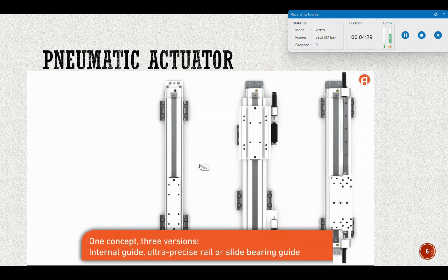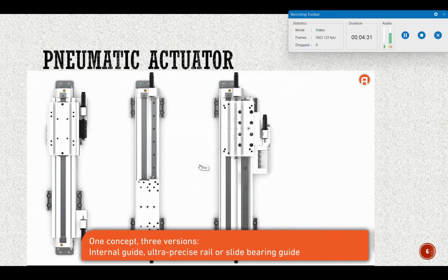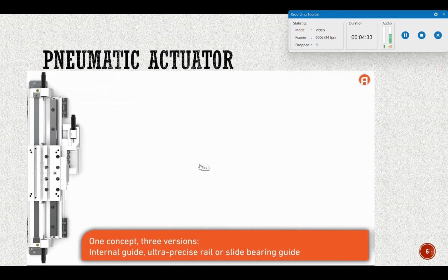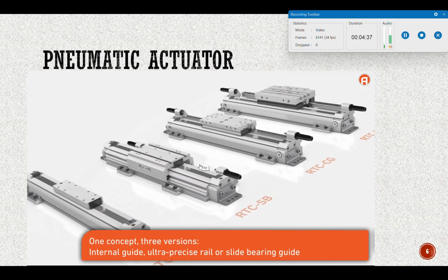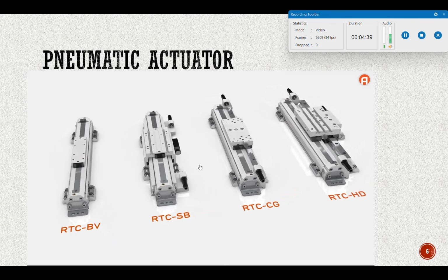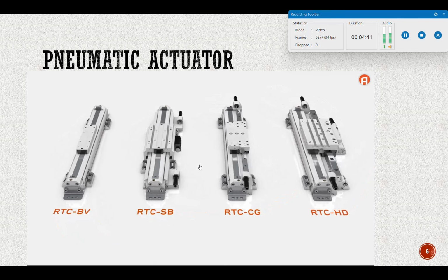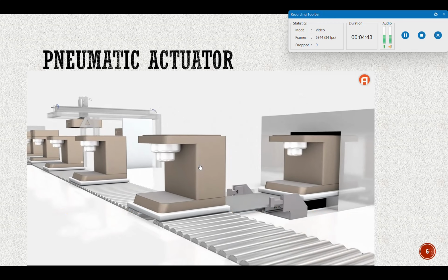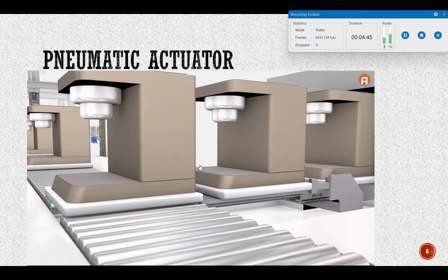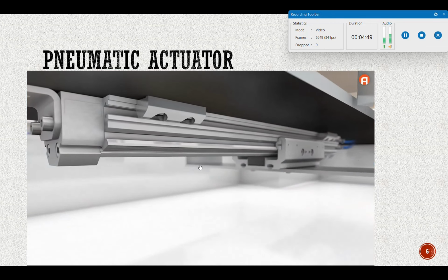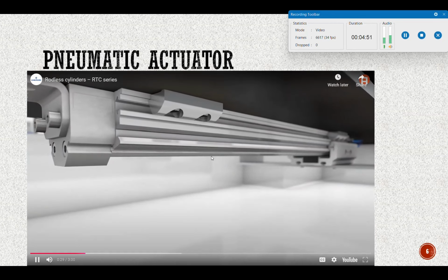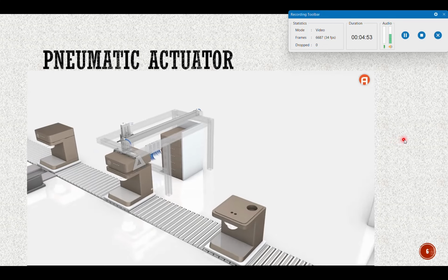The Aventix RTC Rodless Cylinder Series is available as a basic version, as a cylinder with an ultra-precise rail guide, as a version for high loads, and as a version with slide bearing guide. No road. The various possible applications for the RTC are as versatile as its different versions. Move, guide, sort.